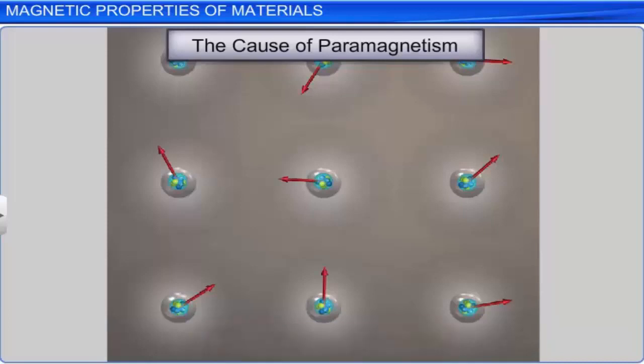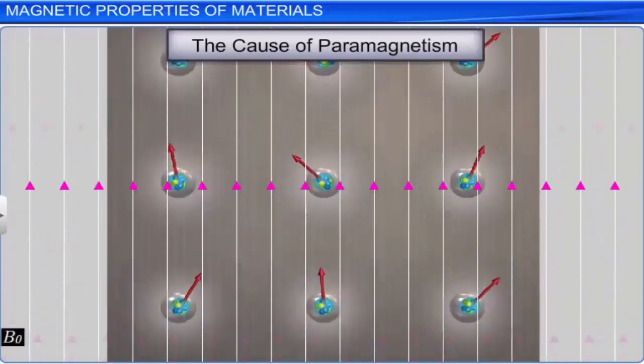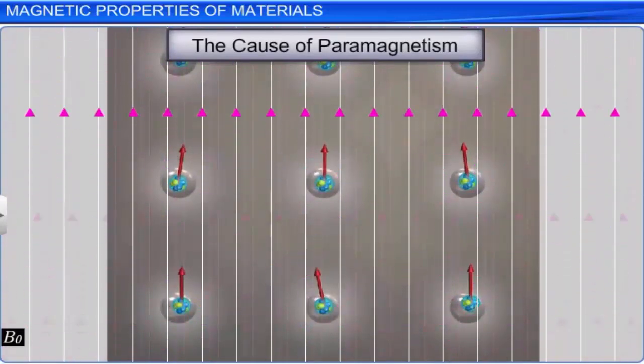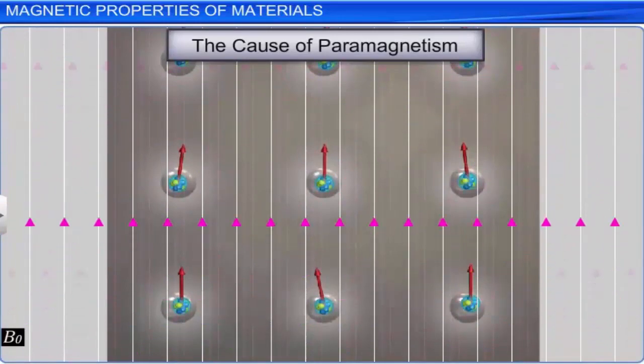When a paramagnetic material is placed in an external magnetic field of induction B0 at low temperatures, the magnetic dipole moment of the individual atoms align in the same direction as that of the external magnetic field.